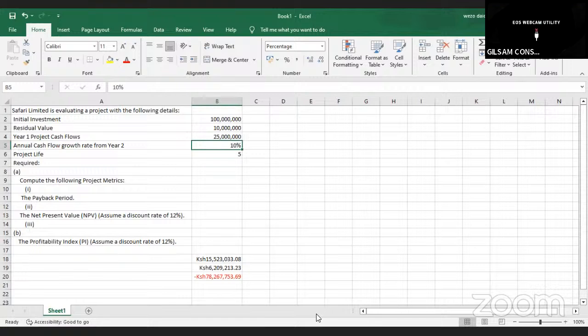So remember, these ones we have to arrange so that we can have equal years.